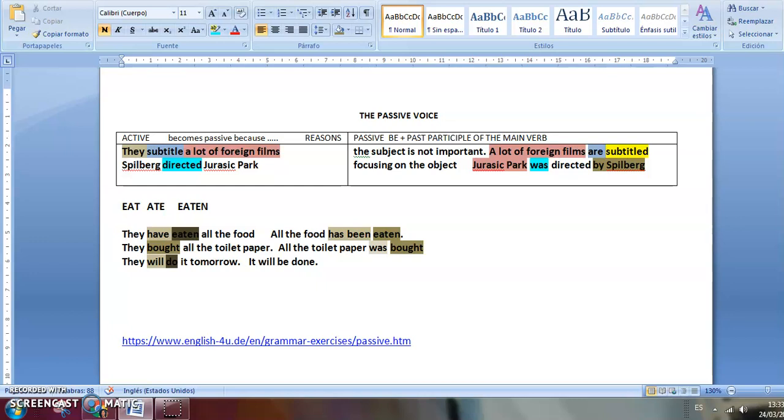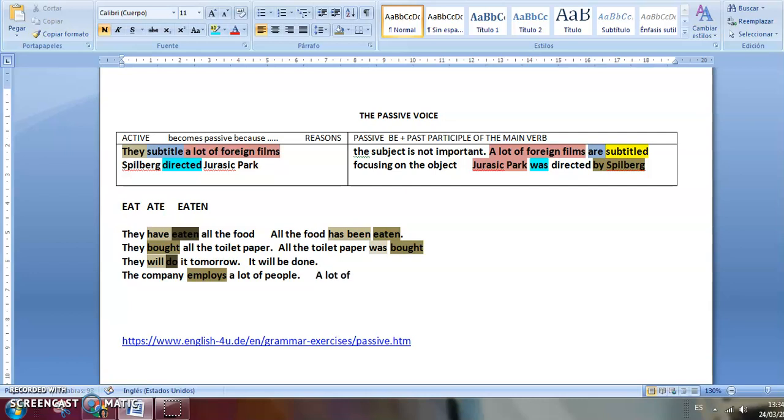Okay. Let's see one present simple. The company employs a lot of people. Alright. Present simple. Employs. This is my verb now. And now object first.